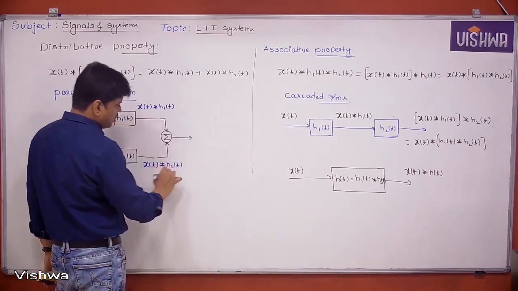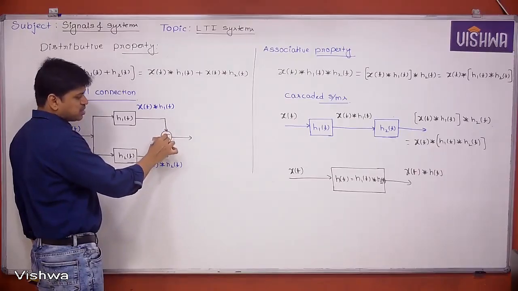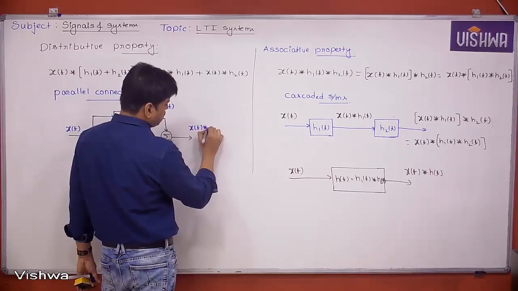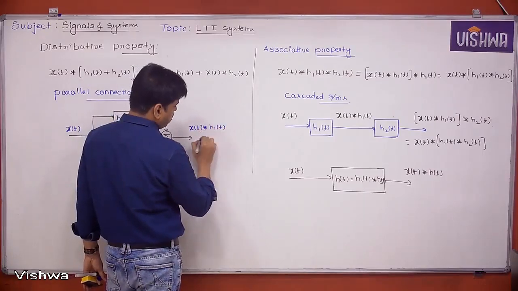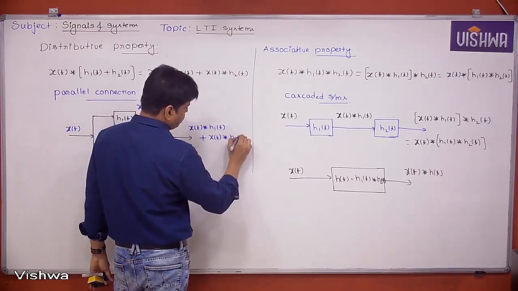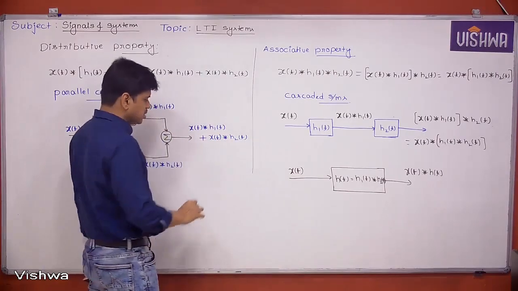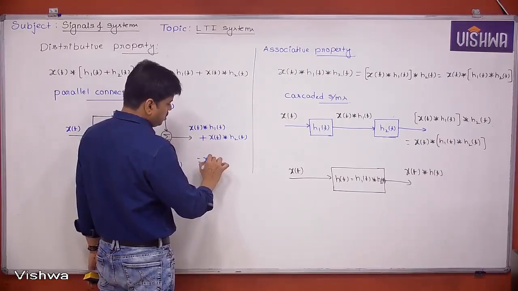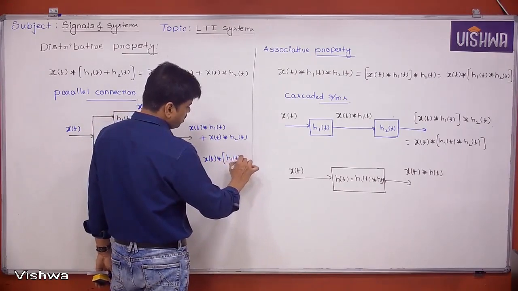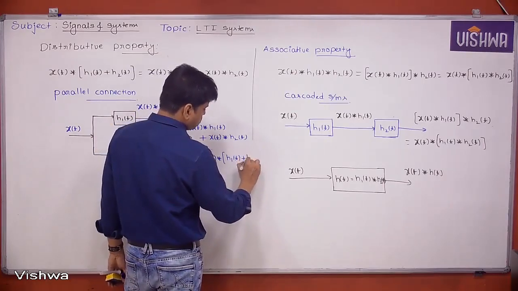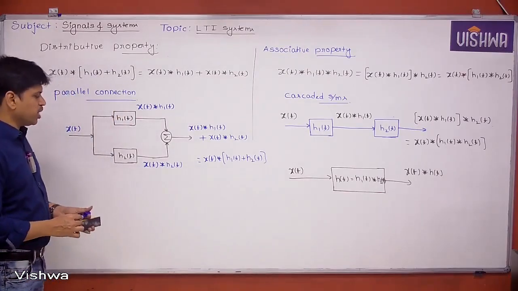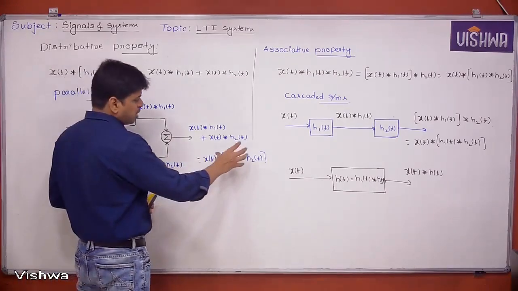Then, because it is summing the signals, we are going to get x of t convolution with h1 of t plus x of t convolution with h2 of t. From the distributive property, this is equal to x of t convolution with h1 of t plus h2 of t. That means if the input is x of t, we are going to get output x of t convolution with something.